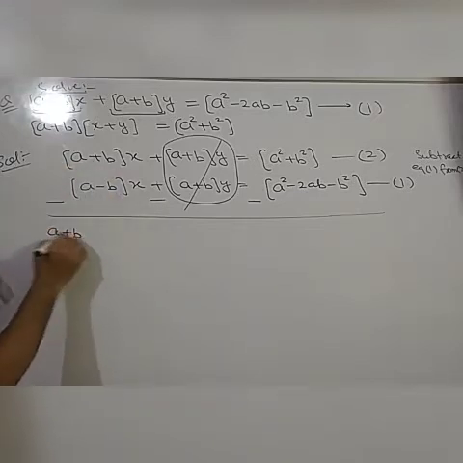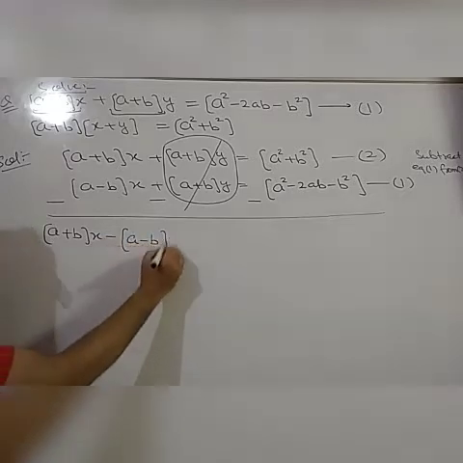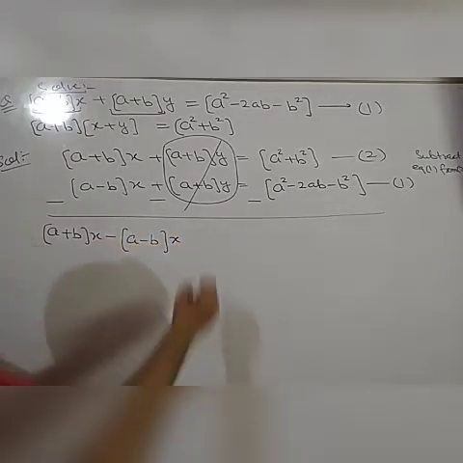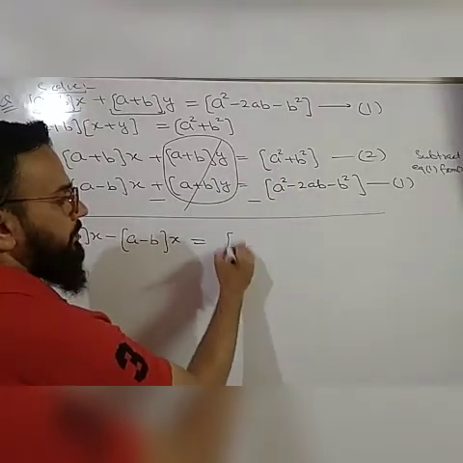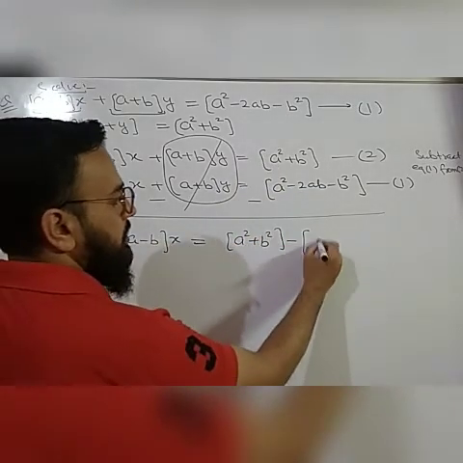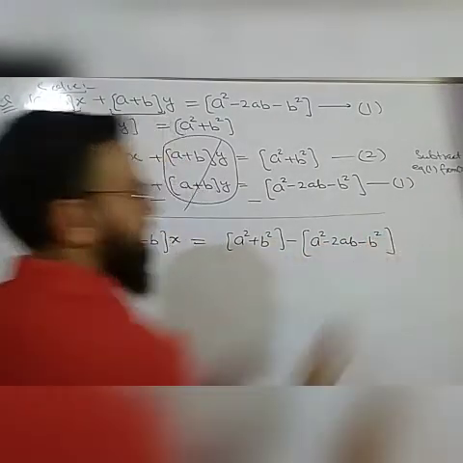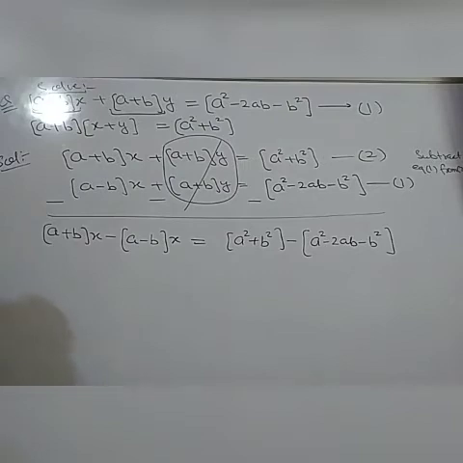Now here, it can be written as (a plus b) into x minus (a minus b) into x, and on the right hand side it will be a square plus b square minus (a square minus 2ab minus b square). Clear?